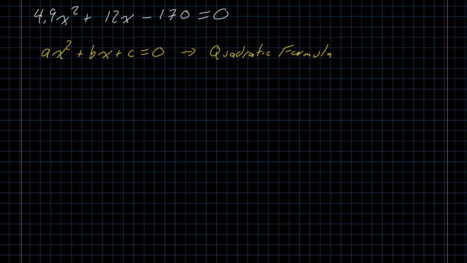And the quadratic formula tells us that the solution is going to be x equals the opposite of b plus or minus the square root of b squared minus 4ac all over 2 times a. We just have to figure out what a, b, and c are, plug them in here, and go from there.